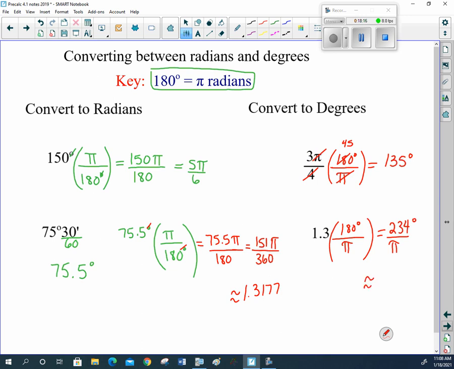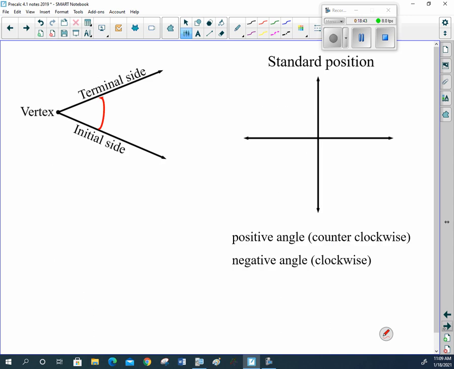This is an exact answer, but I think we'd take 234 and divide that by pi and get about 74.4845 degrees. Okay, so we've got to be able to work with degrees as well as radians, and in our degrees we now know that we can break those down into degrees, minutes, and seconds.